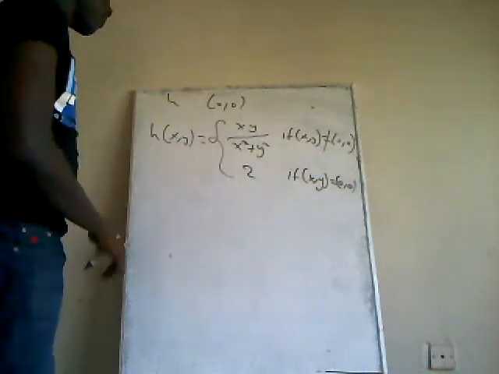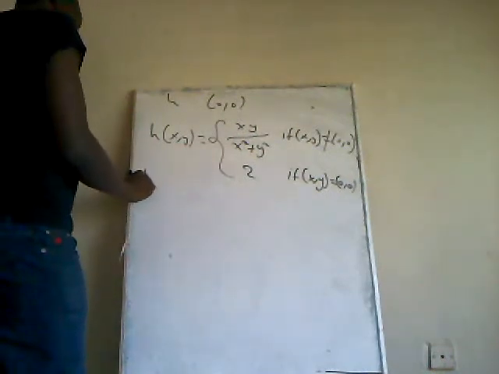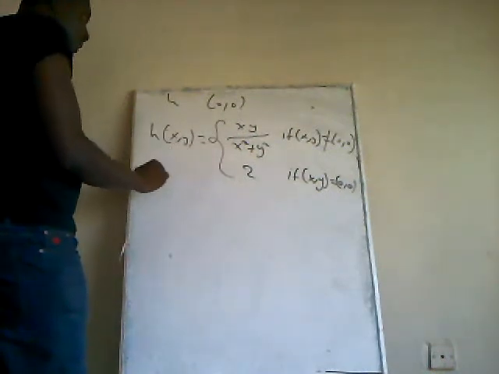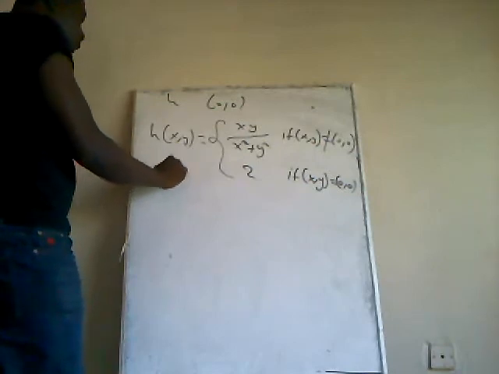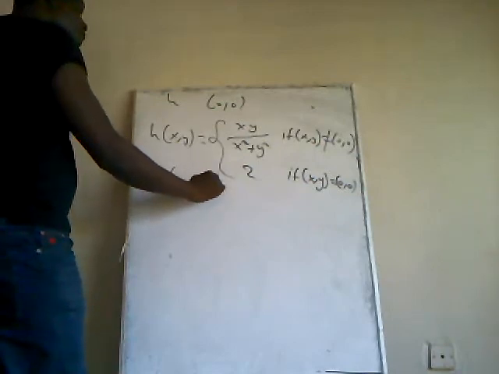Alright, so we check. 1, by definition, we check h of 0, 0, and it is equal to 2.